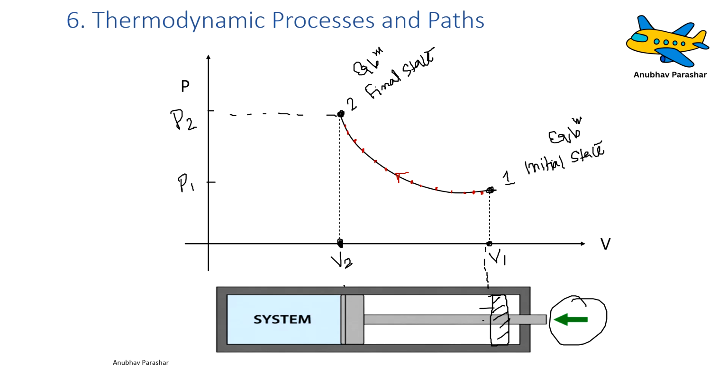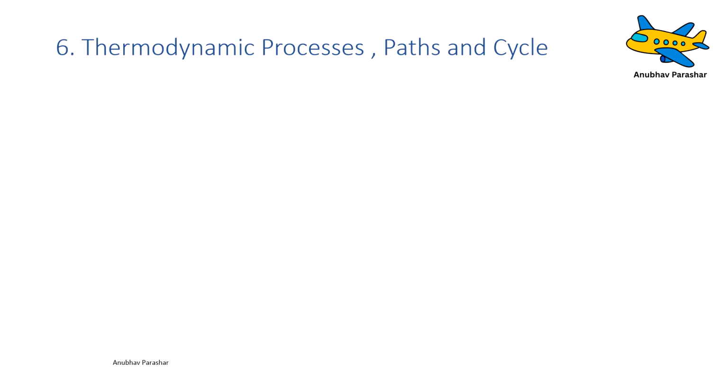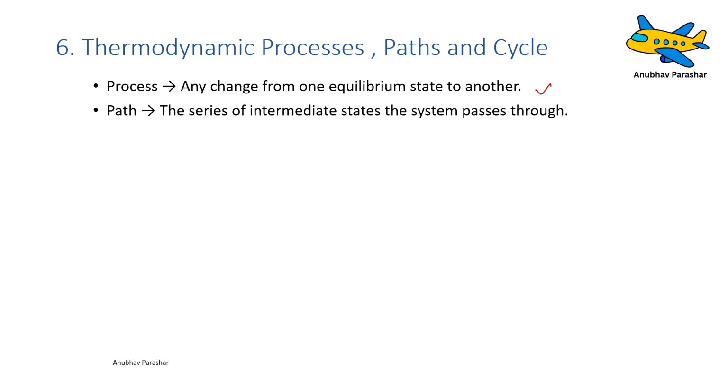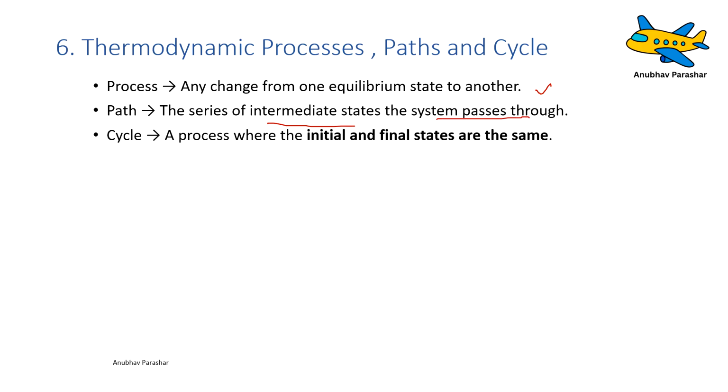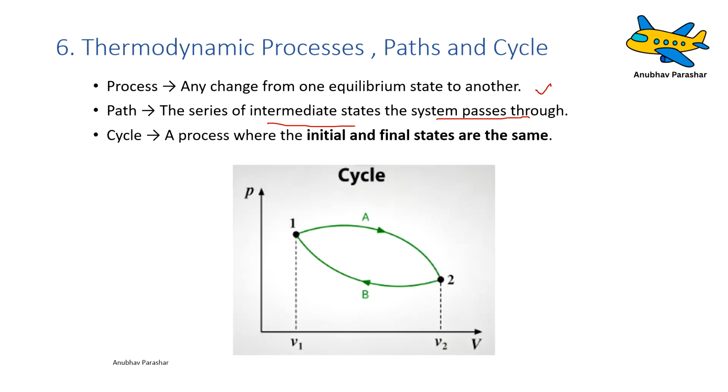And if you join all those points, we call this the path followed. The path which the system follows while traveling from 1 to 2 is the thermodynamic path. So any change from one equilibrium to another equilibrium is called a process, and the intermediate states the system passes through are the path.